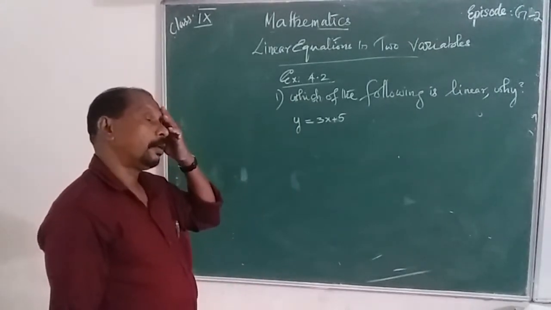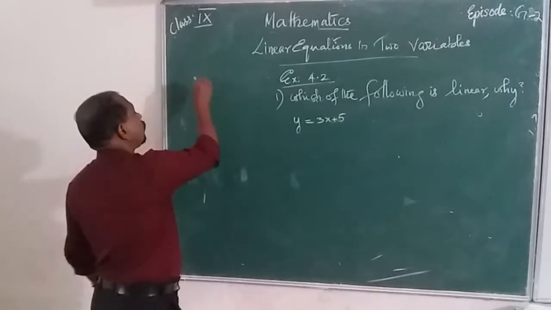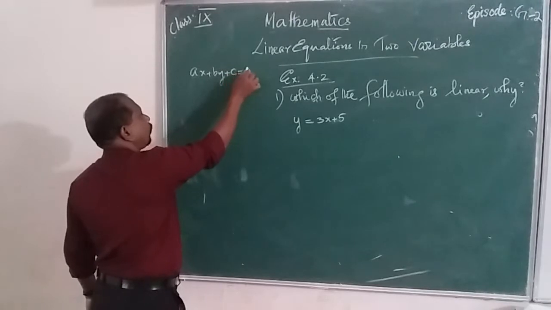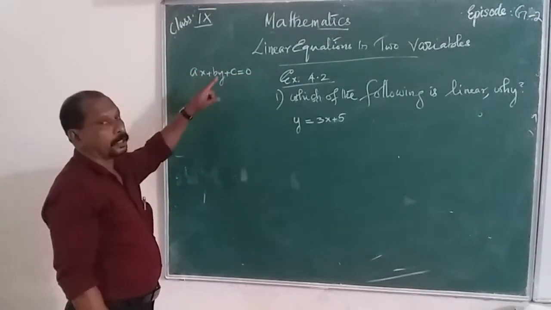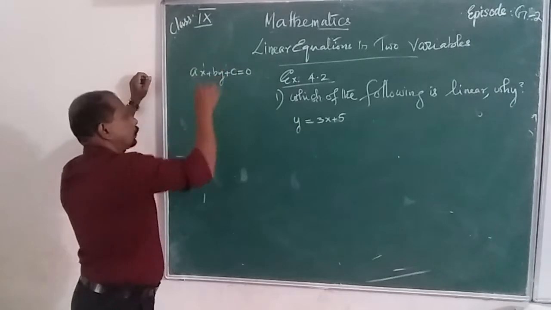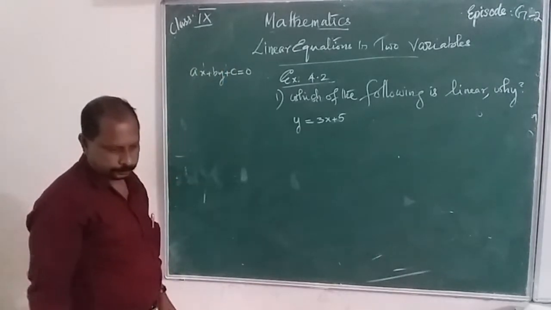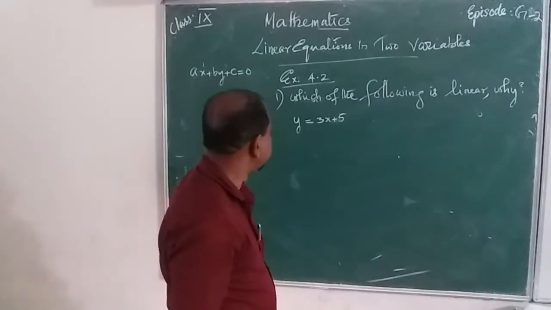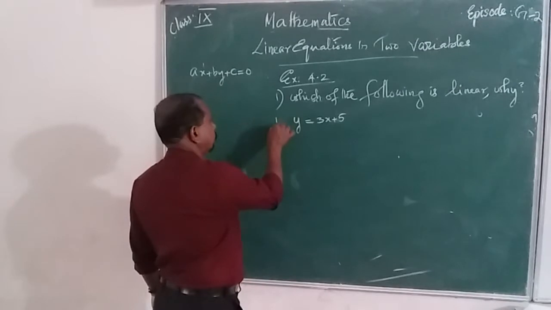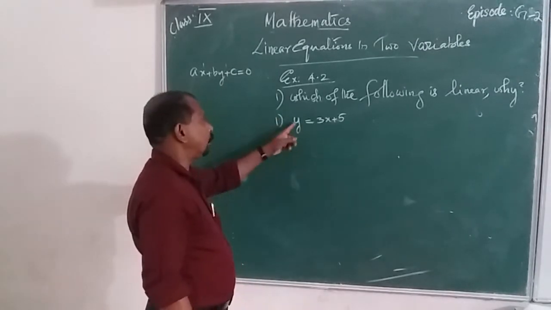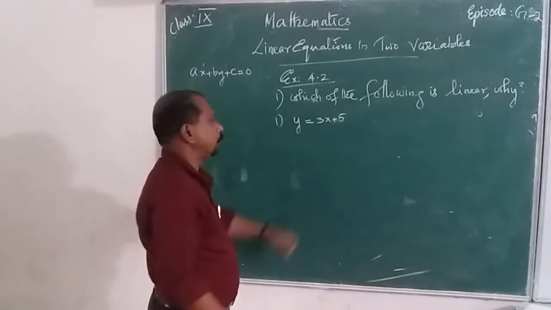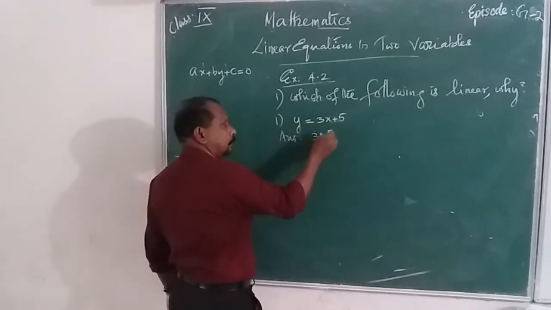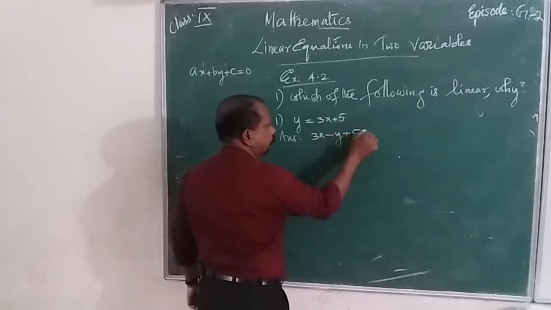Listen, what is a linear equation? ax plus by plus c is equal to 0, where the powers of x and y are constants. First question: y is equal to 3x plus 5. The answer is 3x, shifting y to the right, minus y plus 5 is equal to 0.